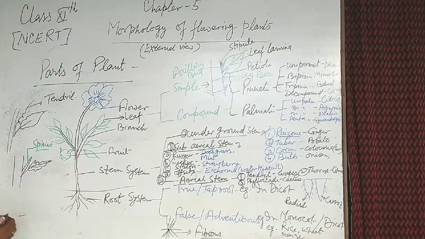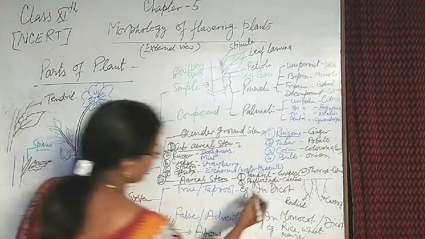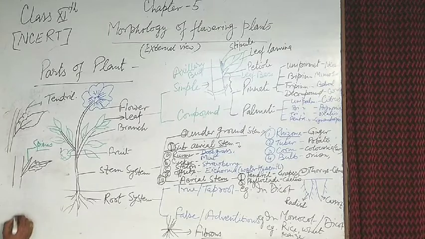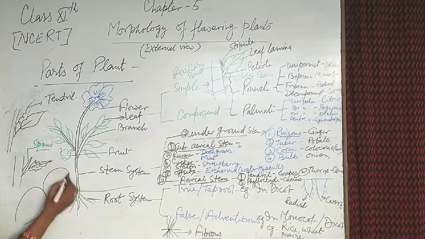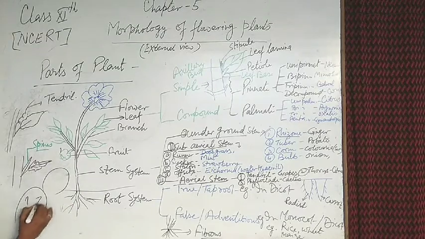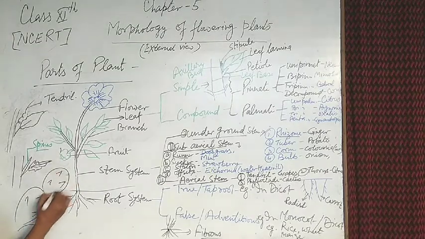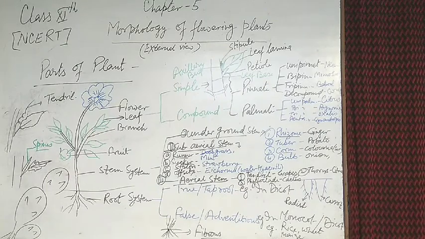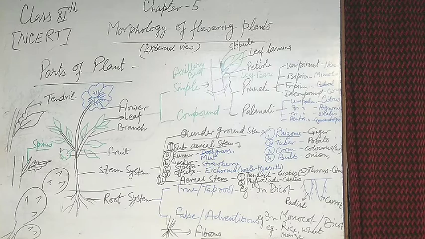And next one is the phylloclade. Phylloclade occurs in xerophytic plants with deep seated roots.